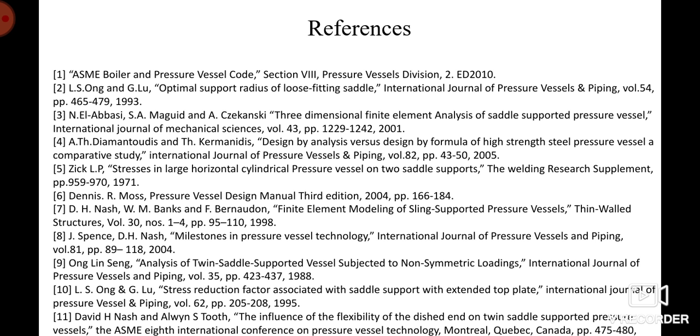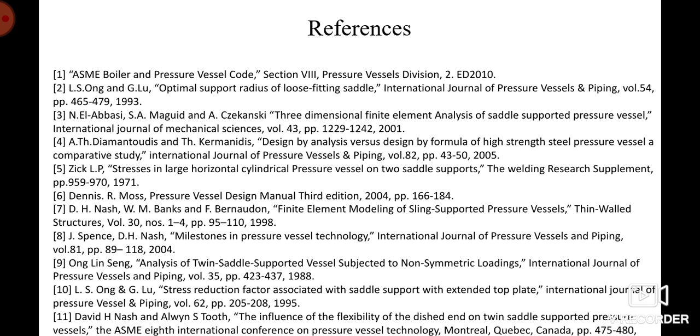For doing this research, some of the bibliography was also referred, like ASME Boiler and Pressure Vessel Code Section 8 was used while considering international guidelines over the design of the horizontal pressure vessel twin saddle support.